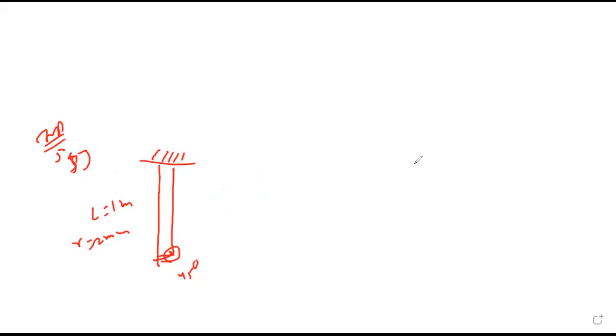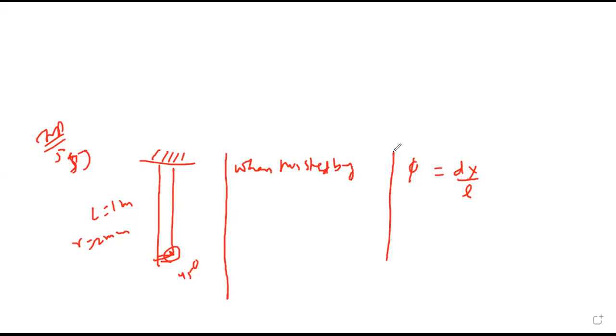Angle of twist means we want phi. Phi is dx upon L. dx means shift. See, when twisted by 360 degree, then drift equals 2 pi r, that means circumference.